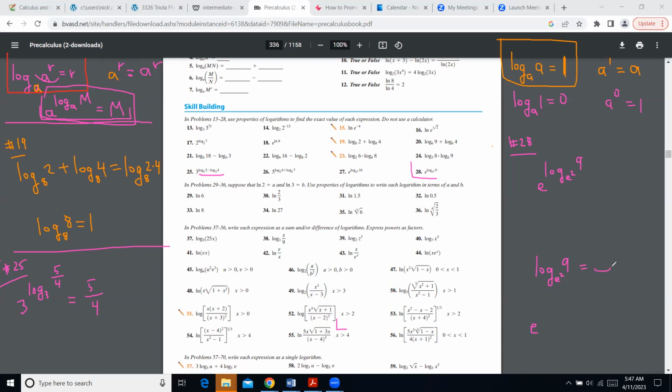In other words, let me see what is e squared base, what power of that e squared, let me write it a little bit nicer, e squared, right? Some power gives us 9. So it looks like we have here some kind of square thing, right?